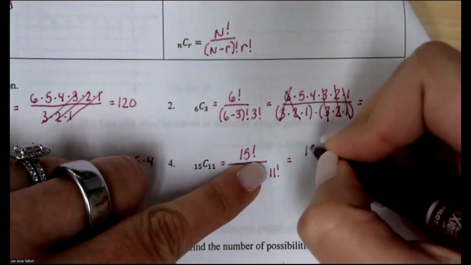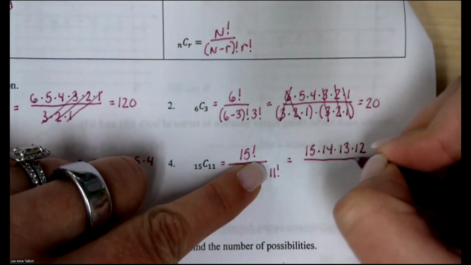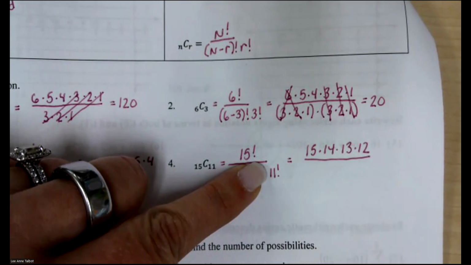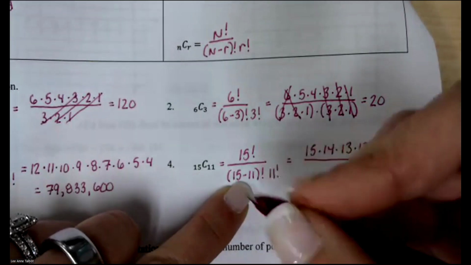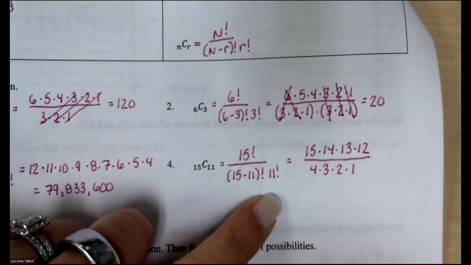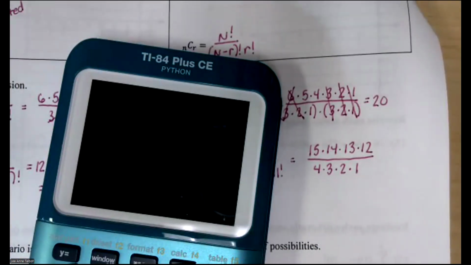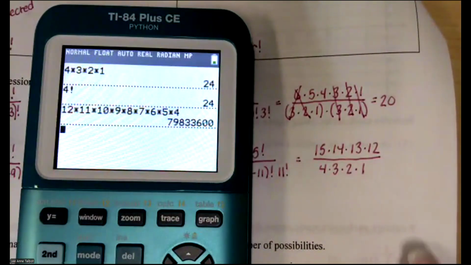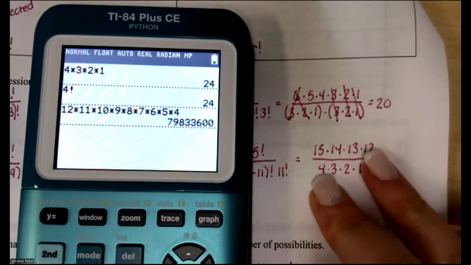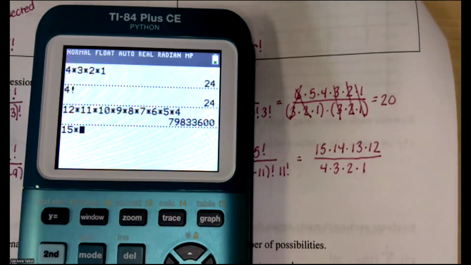Okay, so I'm going to write 15 times 14 times 13 times 12. Do you guys all see that? Okay, now on the bottom, this is 4 times 3 times 2 times 1. If you wanted to get fancy, you could cancel out the 12 with this 4 and 3, but since these numbers are so big, I'm just going to go to the calculator.